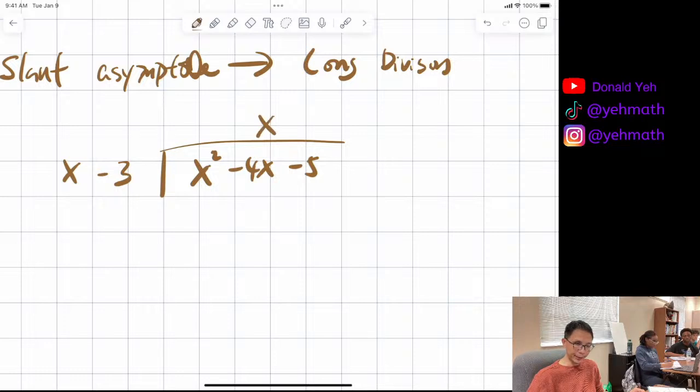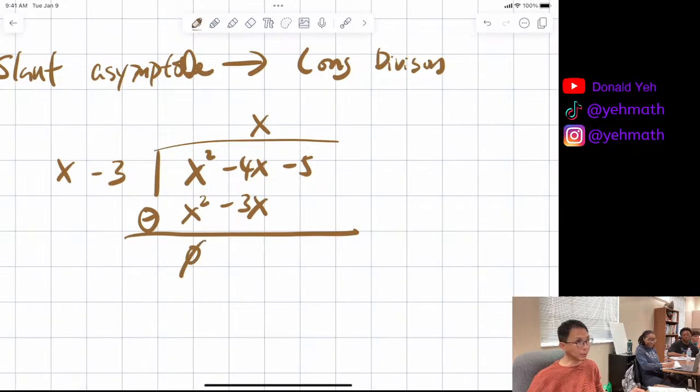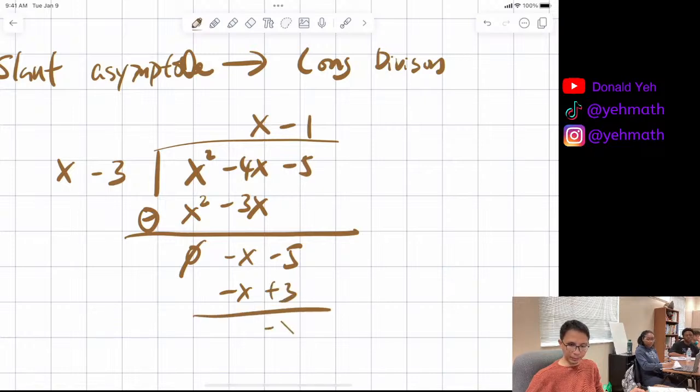I'm going to need x here, x squared minus 3x. Again, I draw a circle, says minus sign, that means this function subtract this function is 0. And this one is negative x minus 5. You guys get that? Negative x plus 3, sorry, it's negative 8. Hopefully you got negative 8.